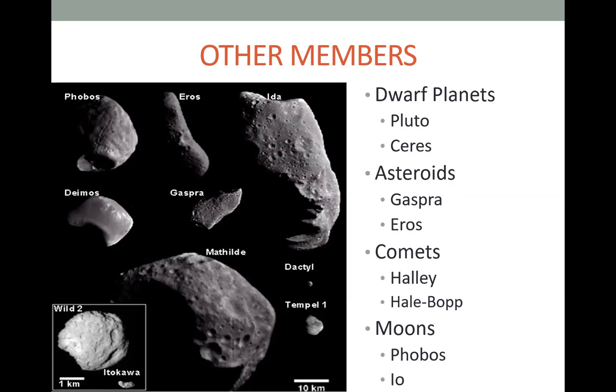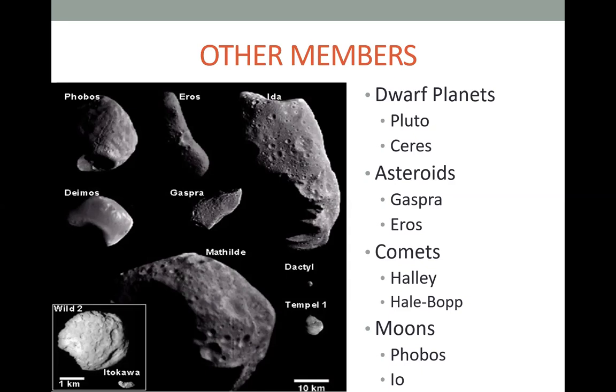Now, I didn't mention Phobos and Deimos, and that's because they are actually moons of a planet. I don't want to spoil the surprise, but the consensus in modern astronomy, circa 2020, is we think that Phobos and Deimos were at one time in their distant past asteroids, but then they got too close to the planet that we'll find out that they belong to, and therefore have now become moons, or sometimes we call them satellites, of the planet in question.